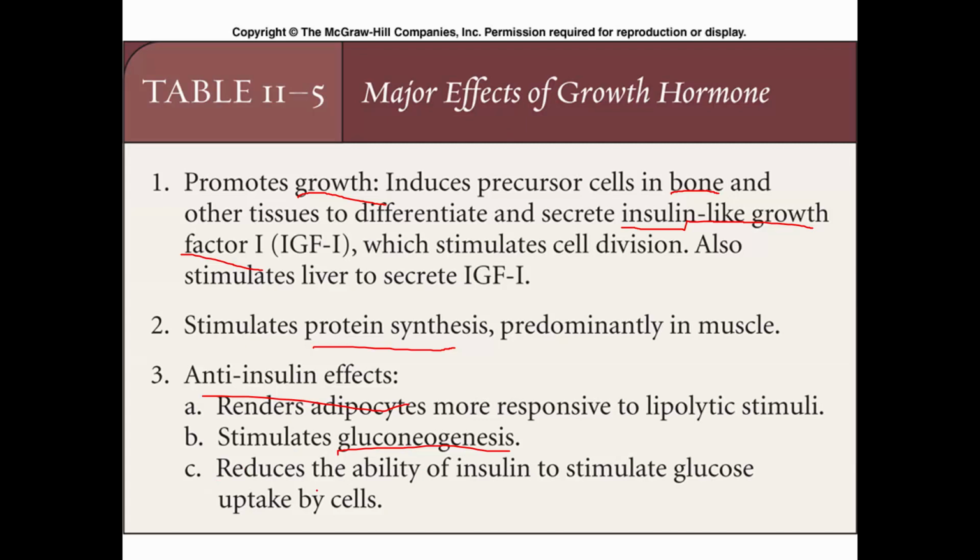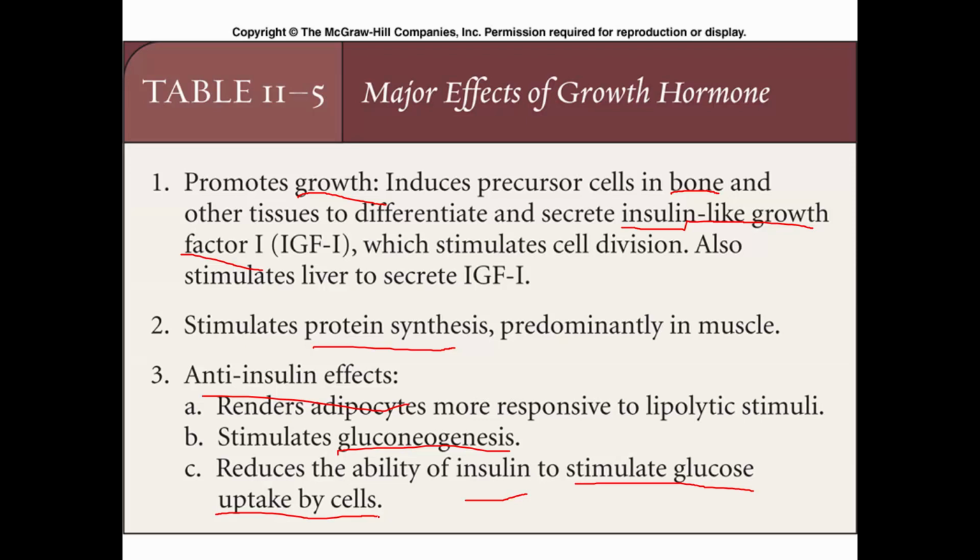Growth hormone actually increases insulin, so insulin levels go up, but insulin is less effective in terms of stimulating glucose uptake by cells. So growth hormone tends to raise blood glucose level.